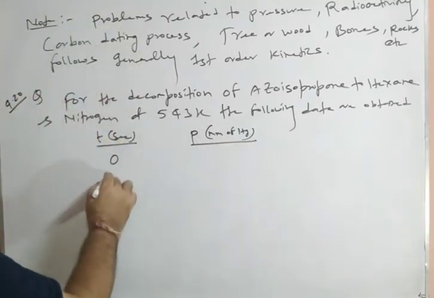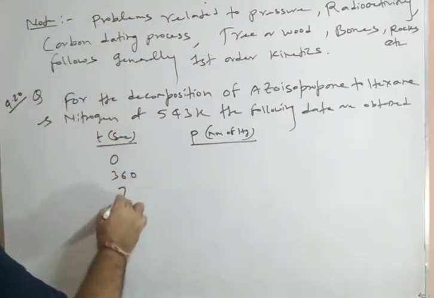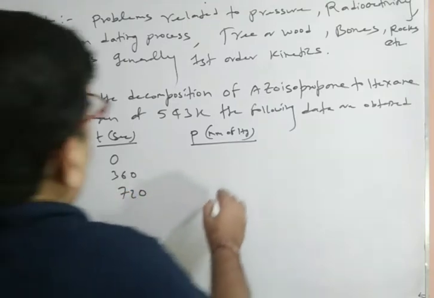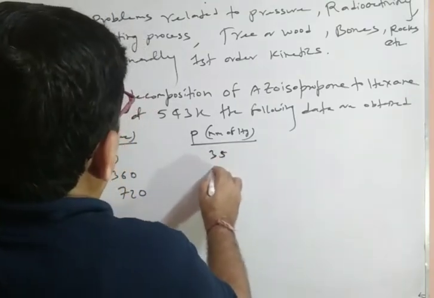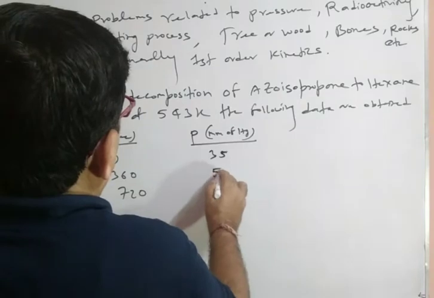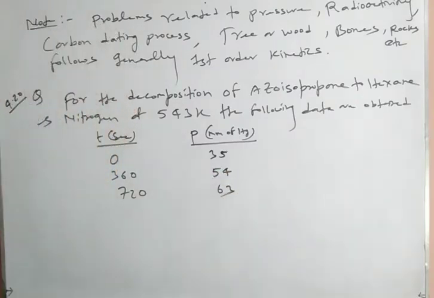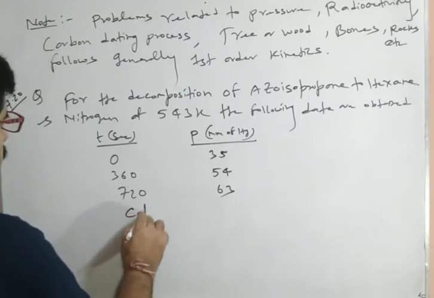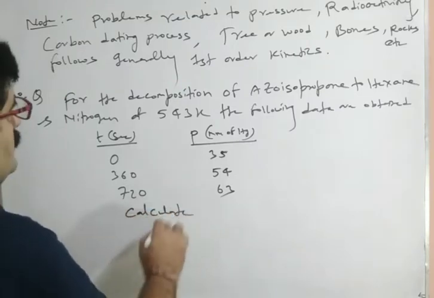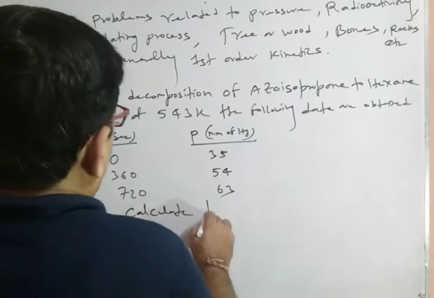Suppose it is given 0, 360, 720 and here 35, 54 and 63. Question is calculate the rate constant.